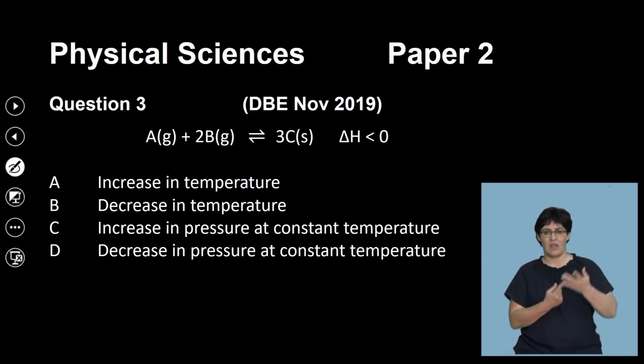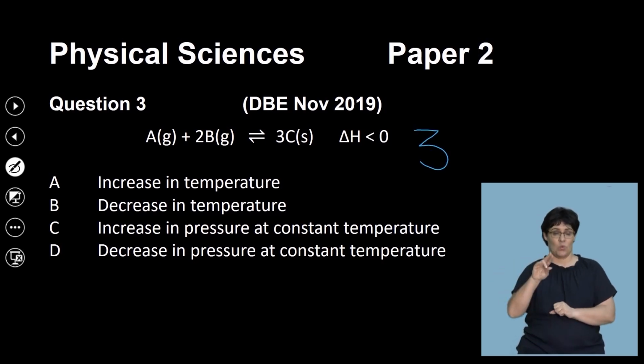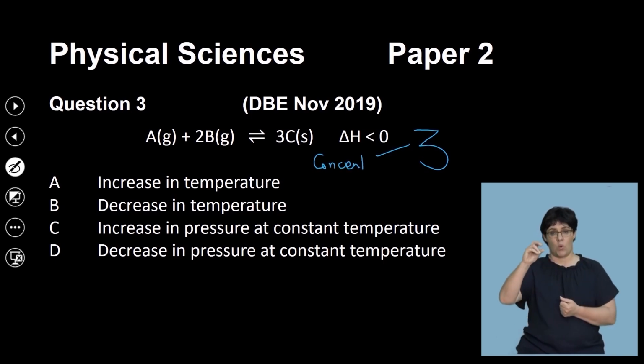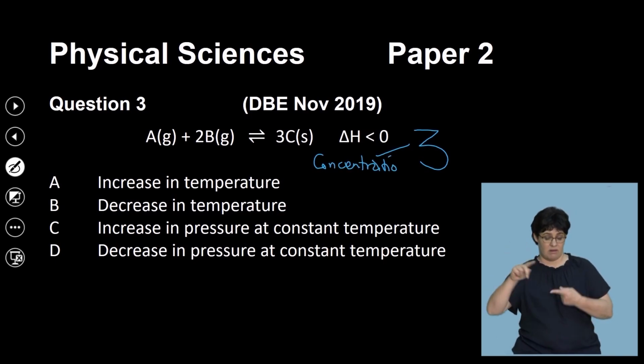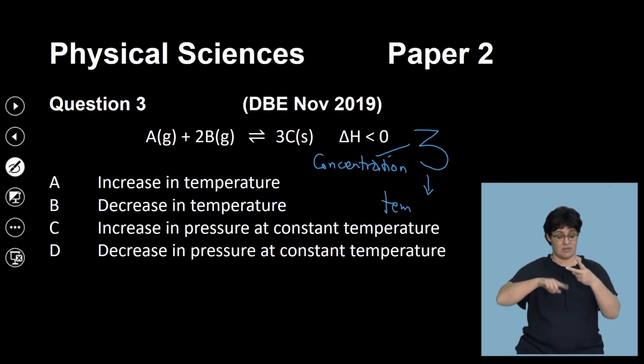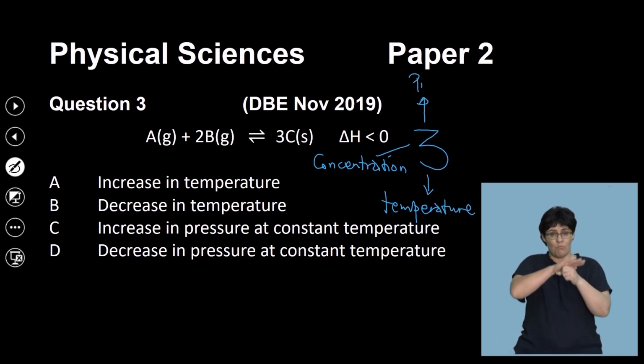Now, there are three factors that affect equilibrium. One of them is concentration, the other one is temperature, and the third one is pressure of gases.